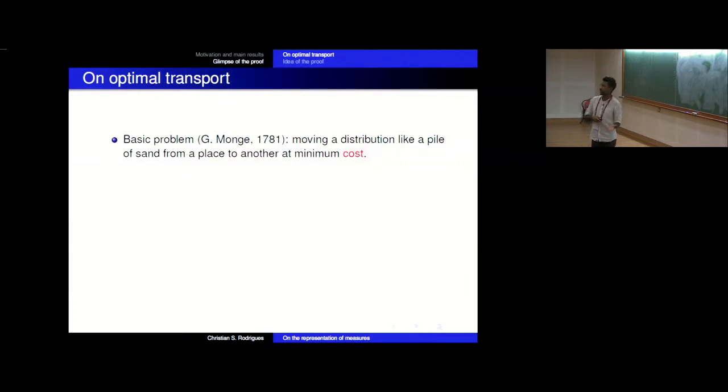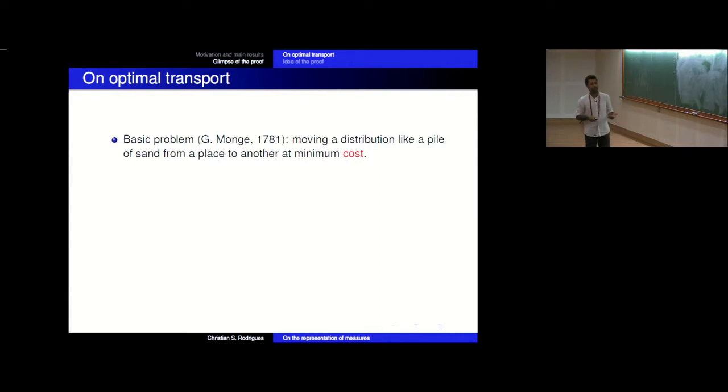You construct this along the proof, but it's not so important. For example, in some cases you can choose the omega to be the whole space, the whole M, or you can choose the omega to be the support of some steps of the measure, and then you normalize it. Okay.